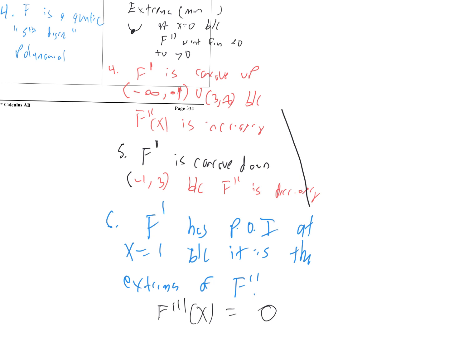Now that my brain juices are flowing, I say f has a point of inflection at x is 3 because f triple prime of x changes directions. In other words, it was negative, became 0, then became positive. Same thing here, but that was different. That did that. All right.